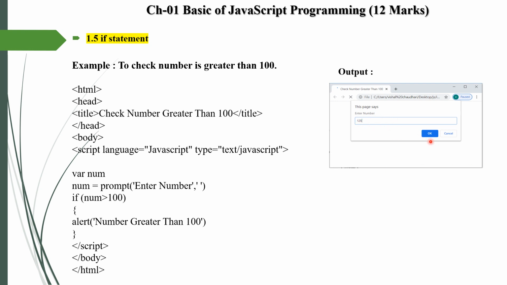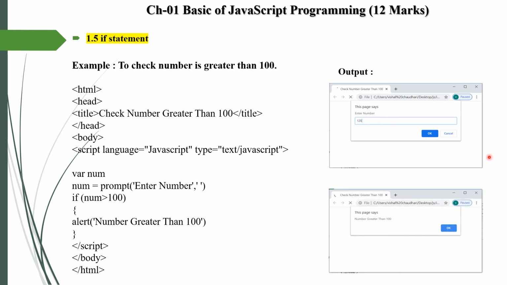After entering the number we click on OK, then it displays number is greater than 100. So the number is compared with 100, and if the condition is true, then it displays this message. If the number is less than 100, then it skips the statement. So this is the simple if statement.